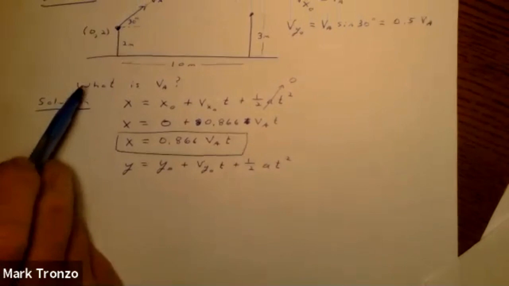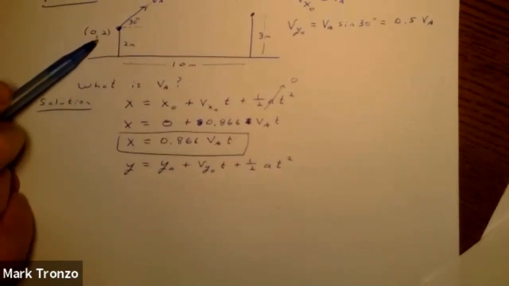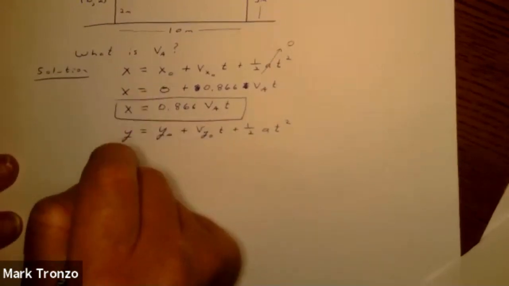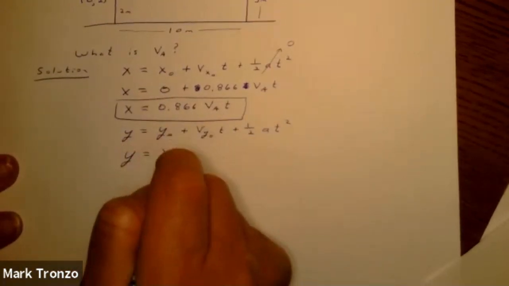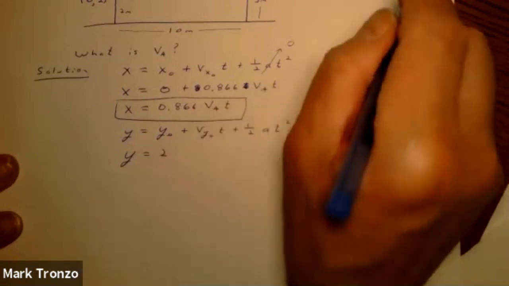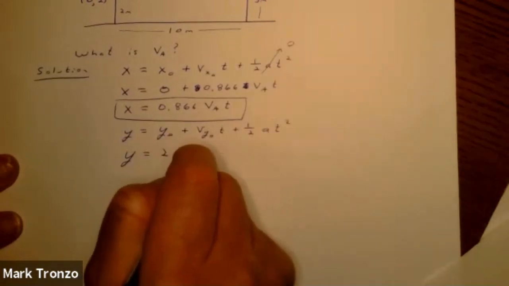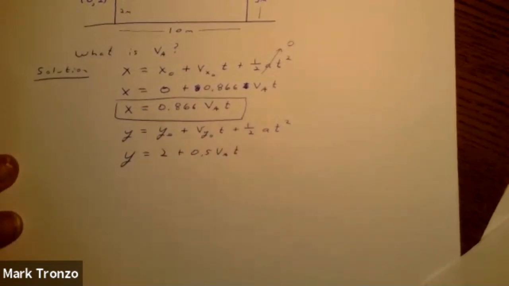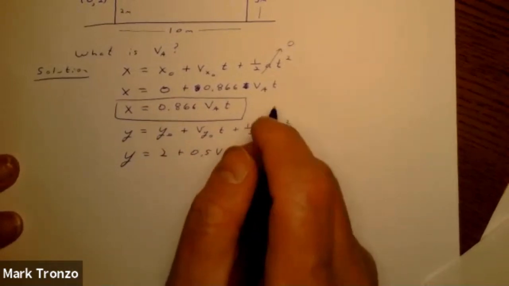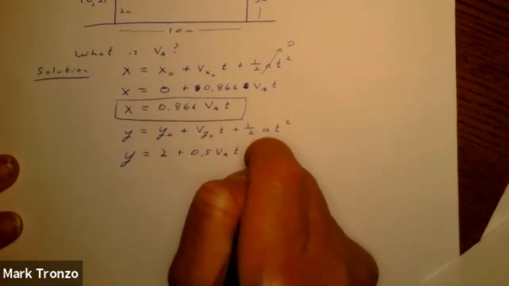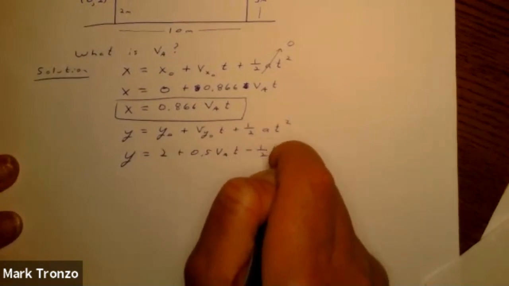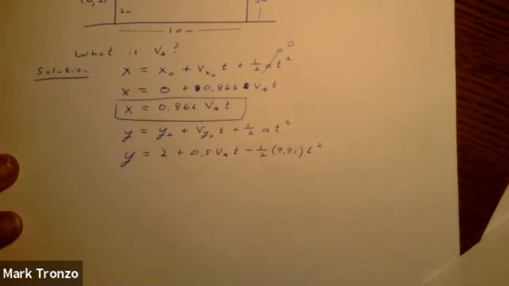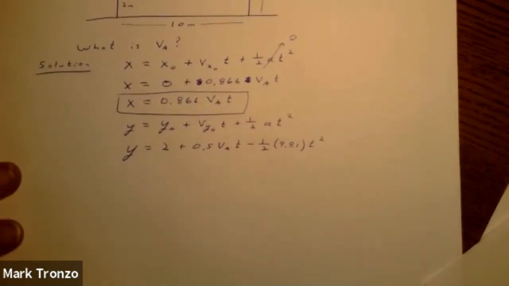Our starting point for y is going to be 2, right? Because he's shooting from a height of 2. And then our velocity term is 0.5 VA t. And since we're in SI units, minus 9.81 is going to be our acceleration.